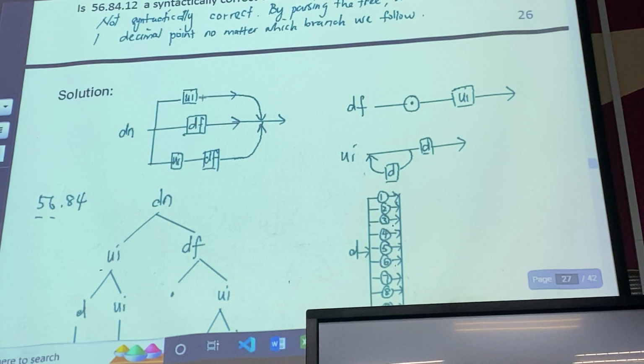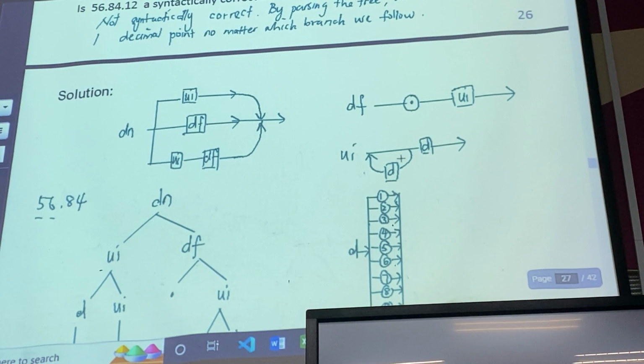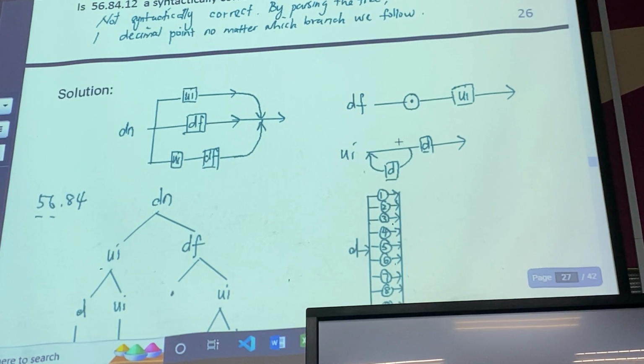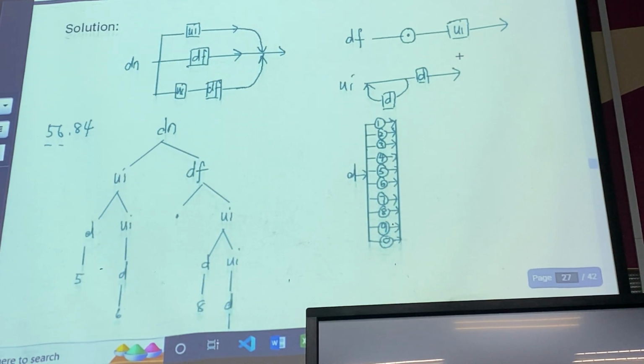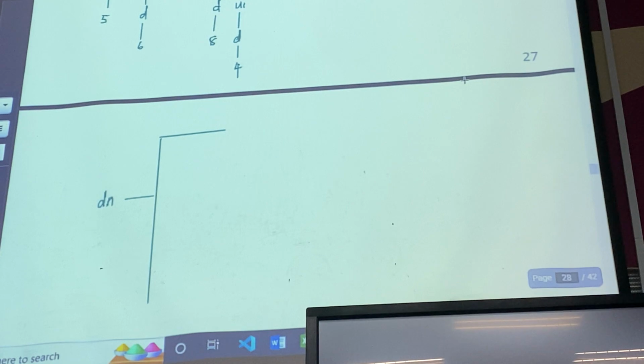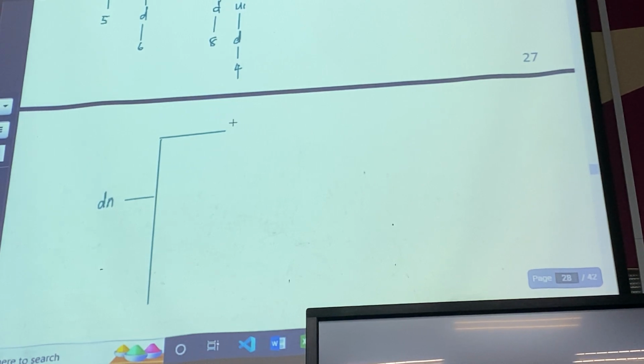So the unsigned integer we need to replace with this whole thing here, which is digit unsigned integer. So we will replace with this.